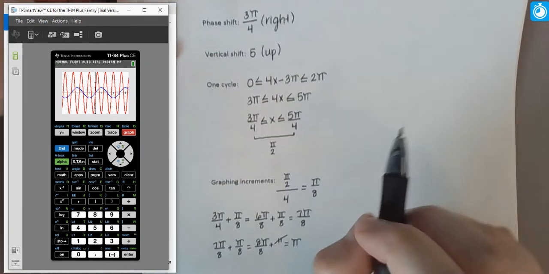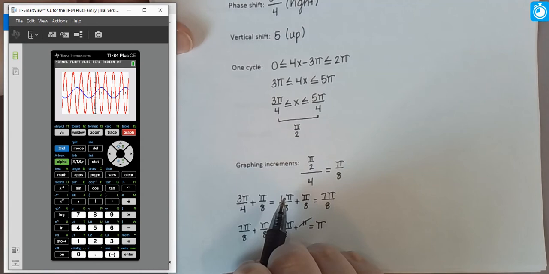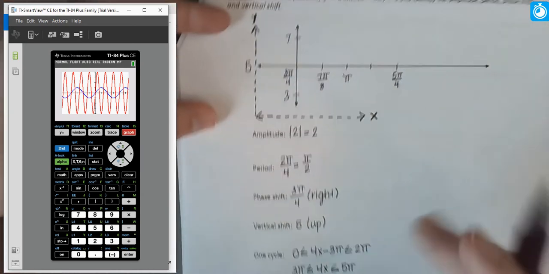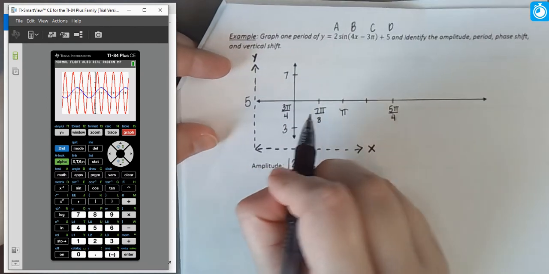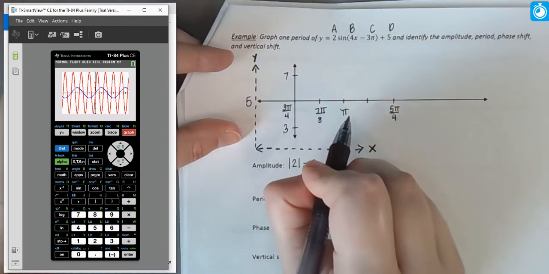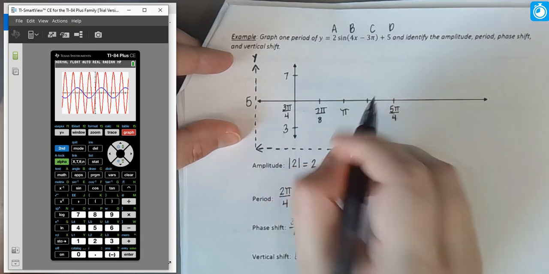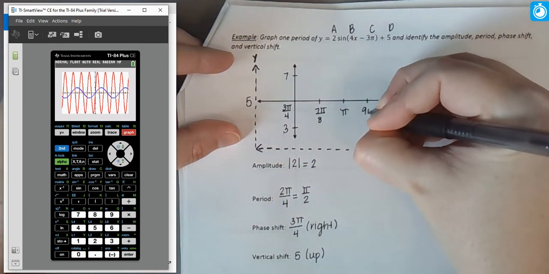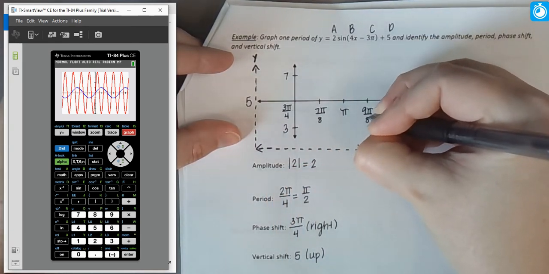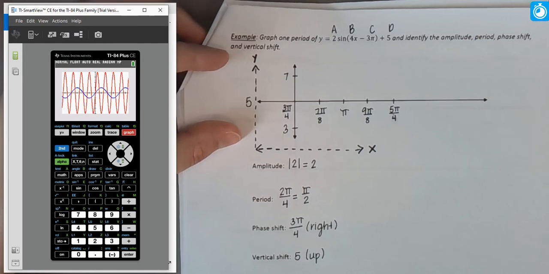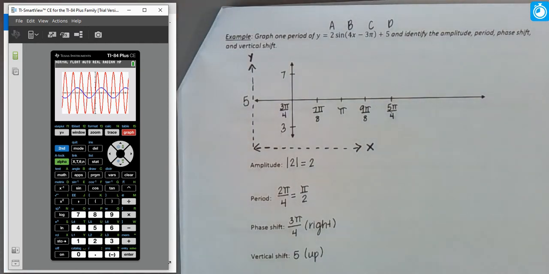So let's see if we can see the pattern. 3 pi over 4 is otherwise known as 6 pi over 8. So 6 pi over 8, 7 pi over 8, 8 pi over 8, which reduces to pi, and then 9 pi over 8, which doesn't reduce, and then 10 pi over 8, which reduces to 5 pi over 4. There we go. So we have all our tick marks represented.